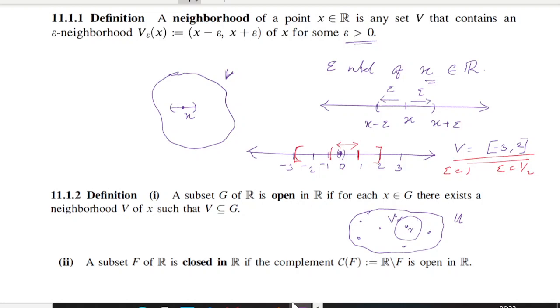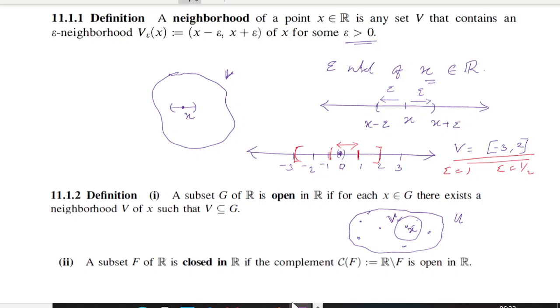Suppose I take this point as x, then there should exist a neighborhood V of x such that this V is contained inside this U, right?